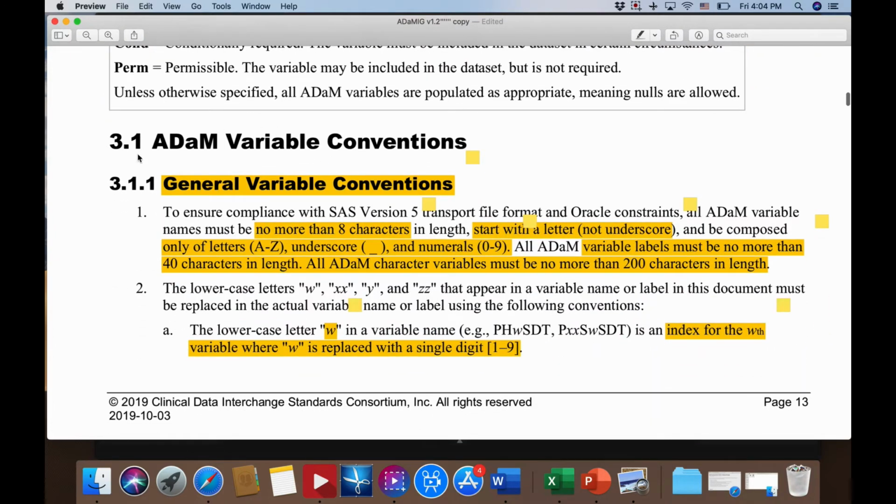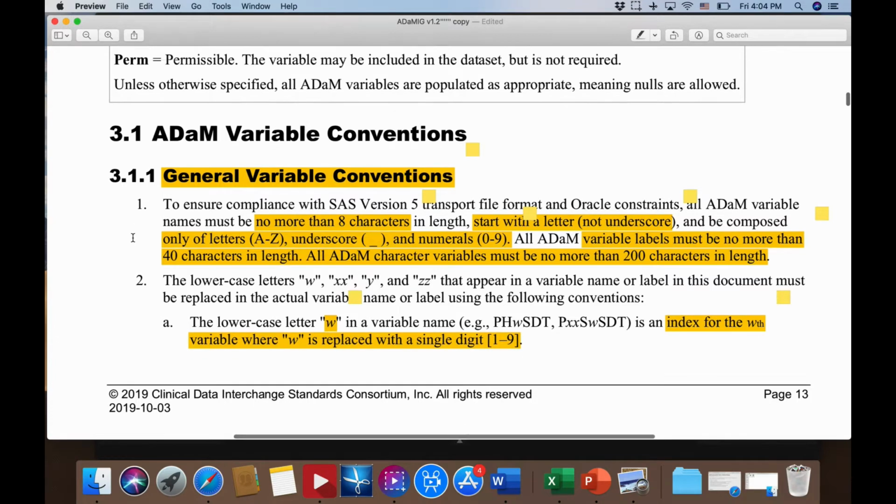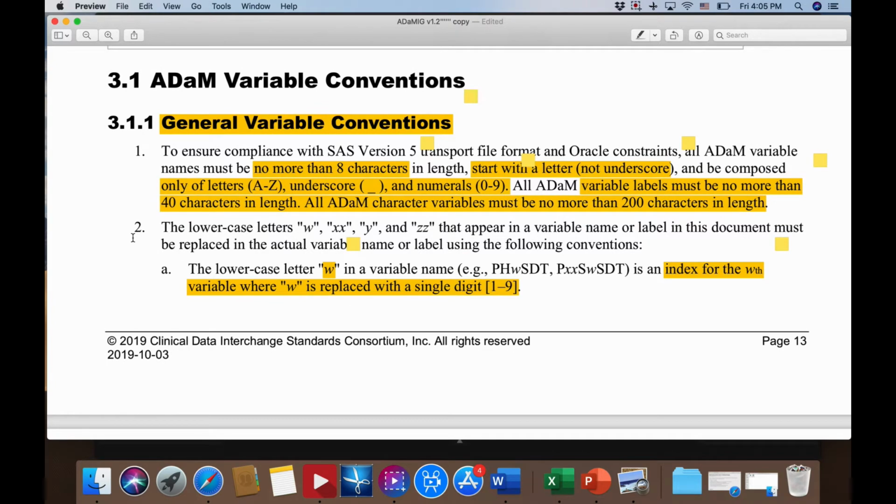Now talking about the variable conventions. This one is important, and there are many details here I want to make you aware of. Variable names must be no more than 8 characters, start with a letter but not an underscore, and have only letters, underscores, and numbers.